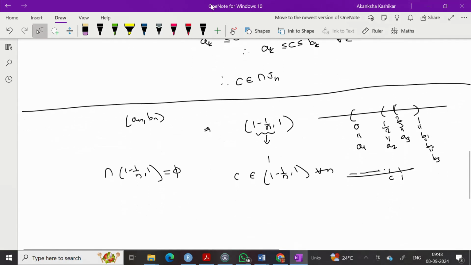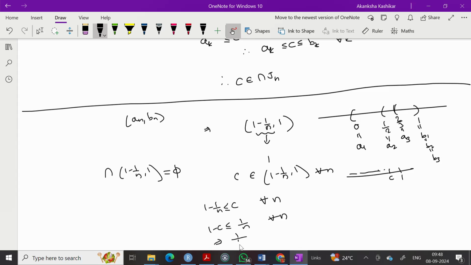So that would mean that 1 minus 1 by n is less than or equal to C for every n, which would mean 1 minus C is less than or equal to 1 by n for every n, which would mean 1 by (1 minus C) is greater than or equal to n for every n.